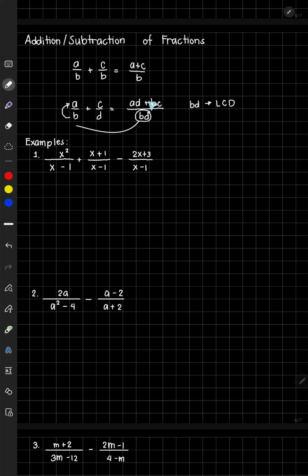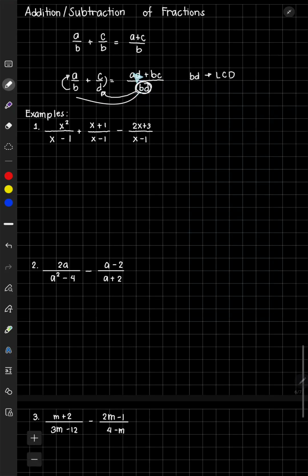Then plus, again you have to get the LCD, then divide that by the second denominator, which is d. So bd divided by d would be b, and then multiply that by c, so we have bc. So the answer for this addition would be ad plus bc divided by bd.